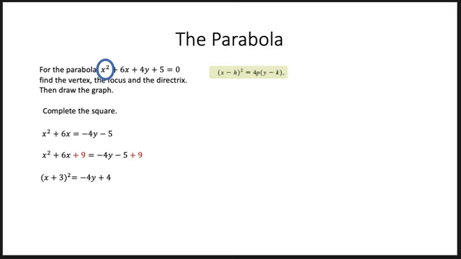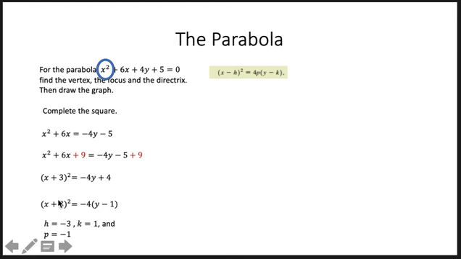I'm still not in this form because I have to get the coefficient of y to be a positive 1. So I'm going to have to divide by a negative 4. So (x plus 3) squared is equal to negative 4 times (y minus 1). Now from here, I know what h and k are, and I know p. h is negative 3.